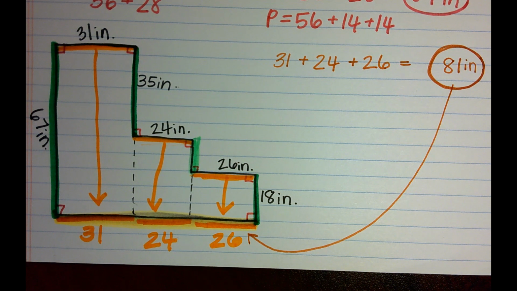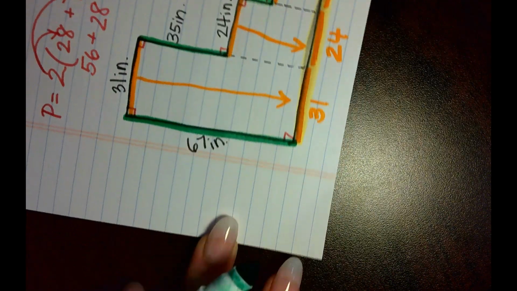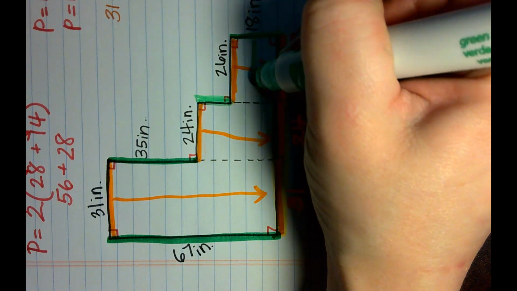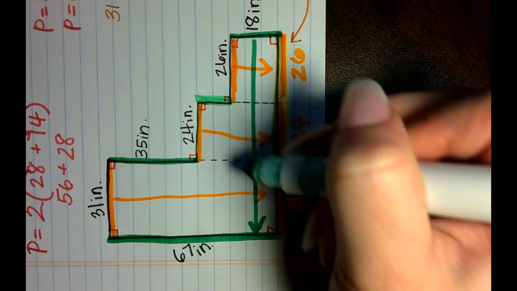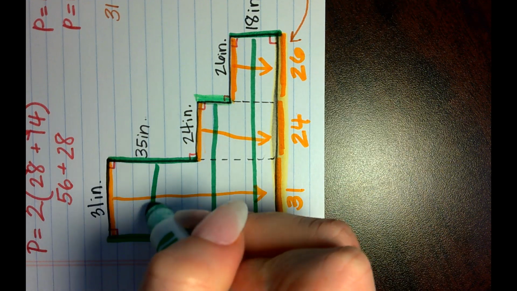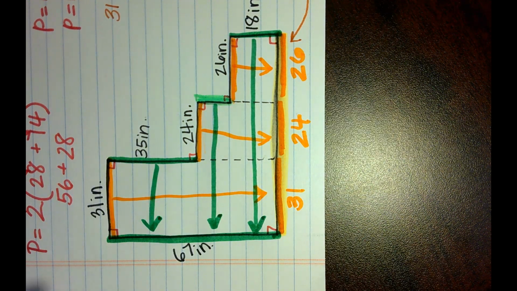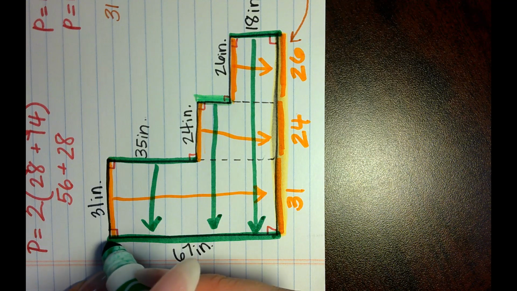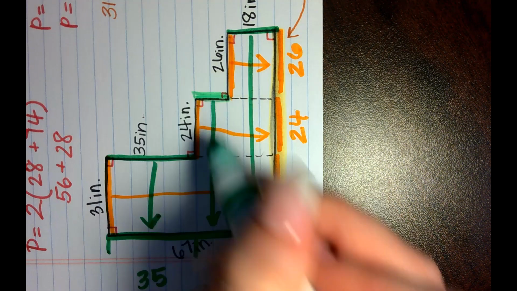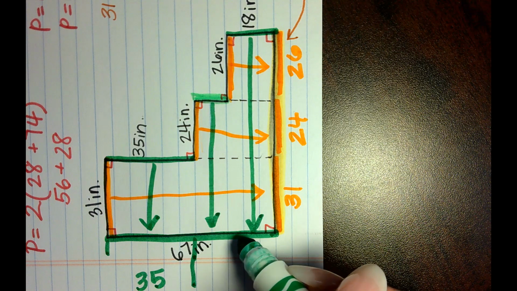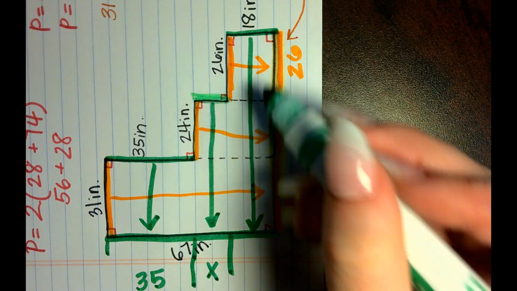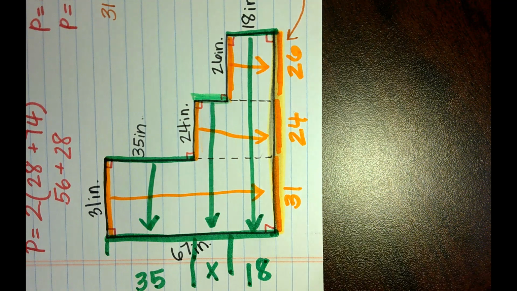Notice how if I were to turn my paper to the side, now I've got the same kind of problem here. If I drag this side all the way down to here, and this one down to here, and this one down to here, my 35 and my missing side, call that X, and my 18 line up.